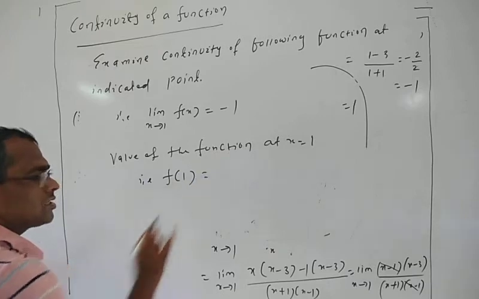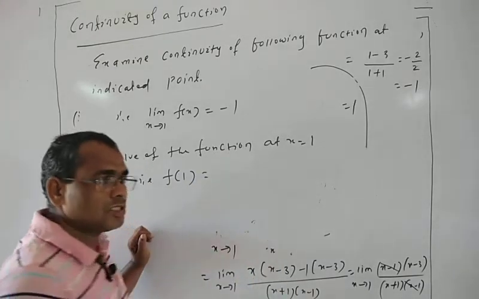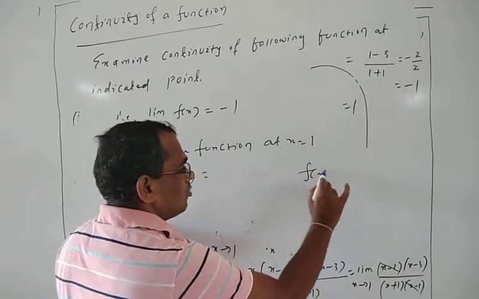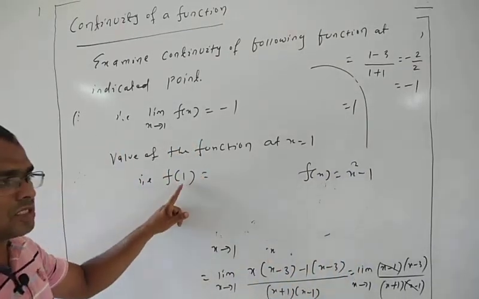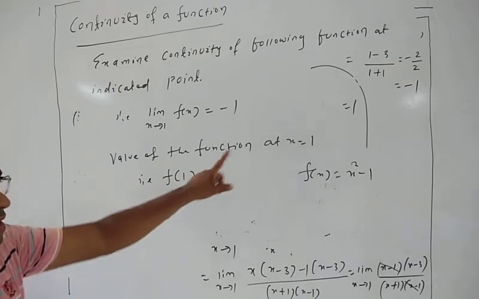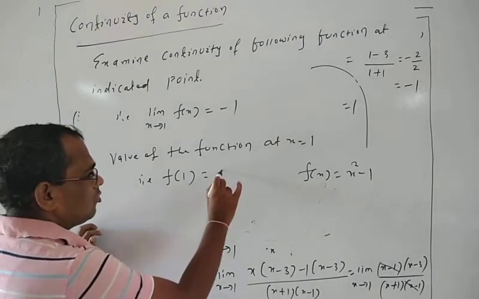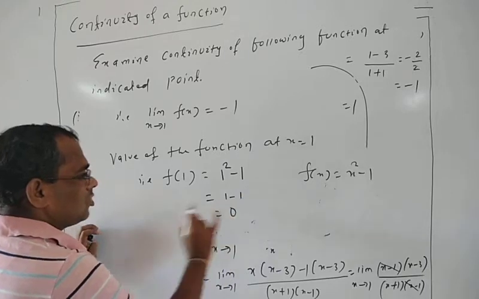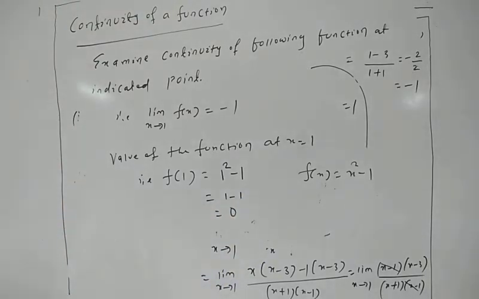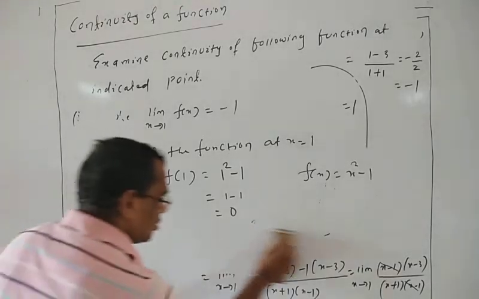When x is equal to 1, f of x equals x square minus 1, which is the given condition. So you have to put x is equal to 1 in the given function: 1 square minus 1, which is 1 minus 1, equal to 0. Here the limiting value is minus 1 and the value of the function is 0.